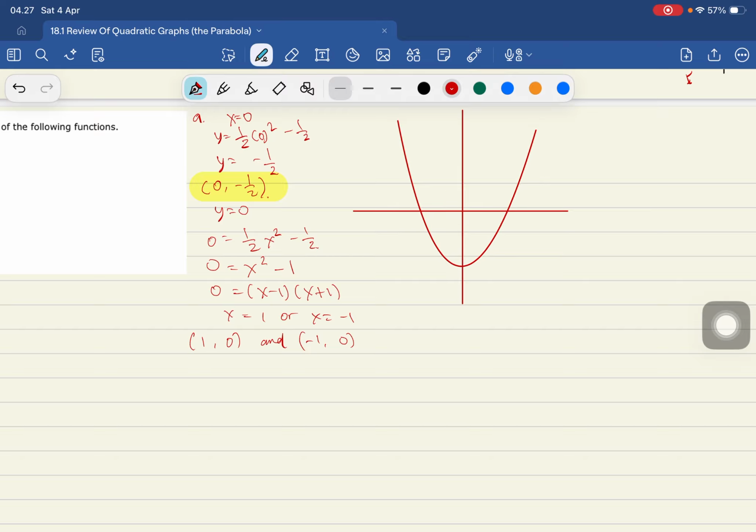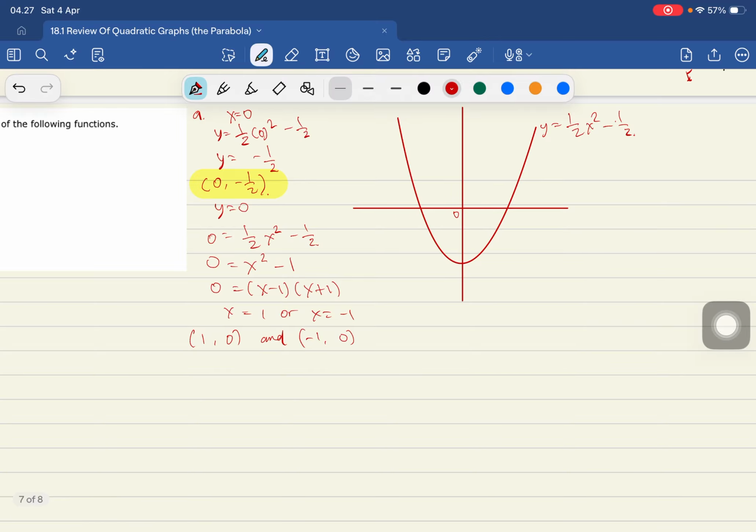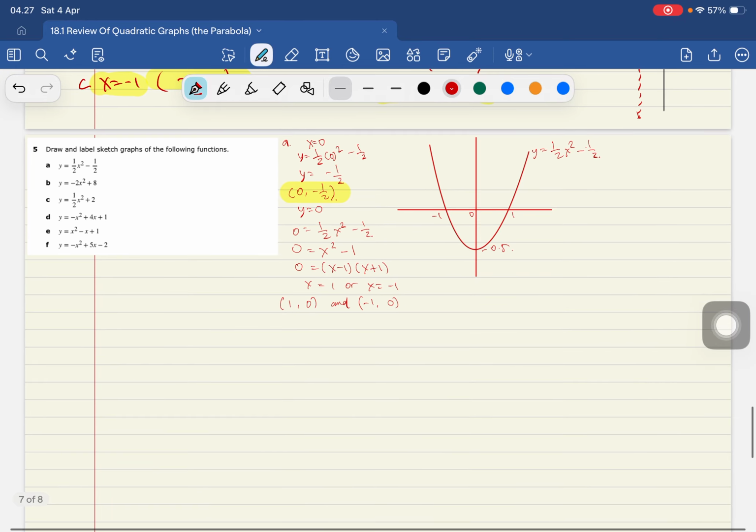Approximately like this. So the graph is y equals 1 over 2 x squared minus 1 over 2. Here the x-intercepts are minus 1 and 1. The y-intercept is negative 1 over 2, or we can just write it as 0.5. Okay, let's continue to B.